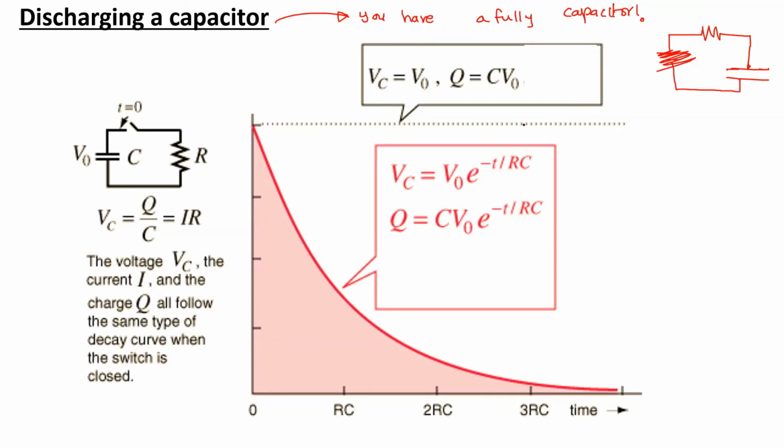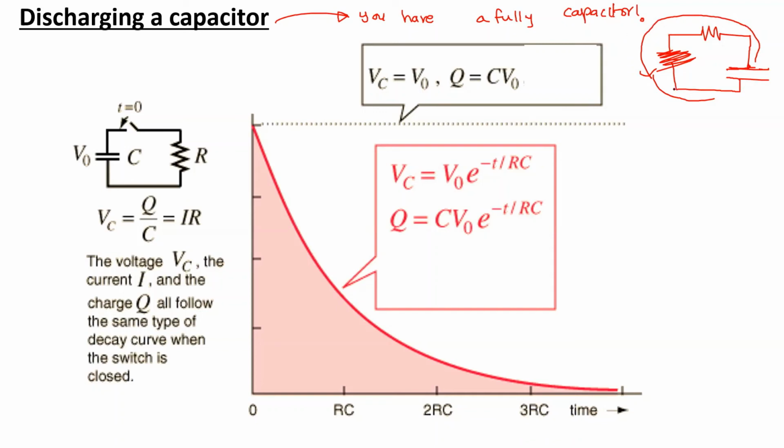So what will happen? Now the charges stored in the capacitor will start to power your circuit. They will start moving and dissipating, so your capacitor will be discharging.